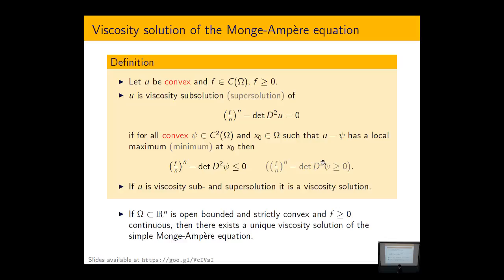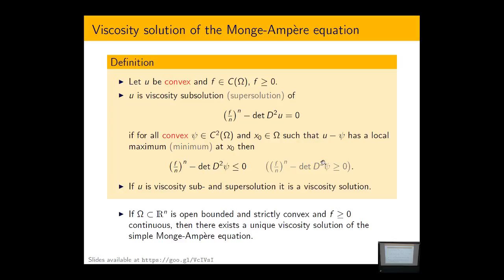And it turns out to be a very good concept to describe the solutions in a well-posed way. But now we have Monge-Ampère, and Monge-Ampère is the plane of the convex function. So what we actually have to put into the definition right from the start is that U has to be convex, because otherwise we don't have ellipticity, we don't have the monotonicity.